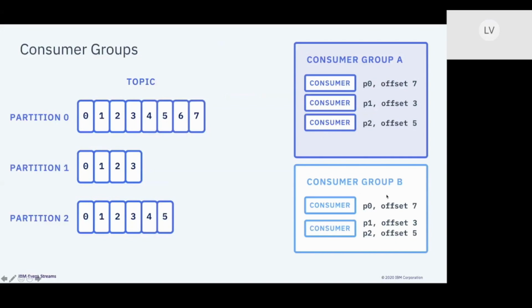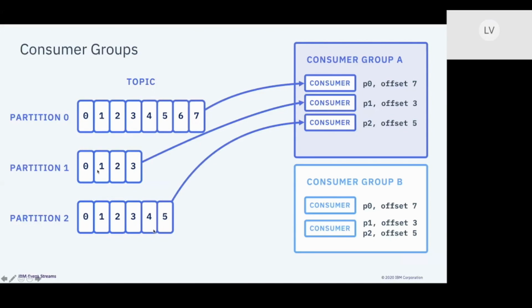What's going on? In this case, IBM Event Streams will assign a specific consumer to a specific partition. Here, we have 3 partitions and 3 consumers, so each partition will be assigned to a consumer. This consumer will get the information from partition 0, this one from partition 1, and so on.